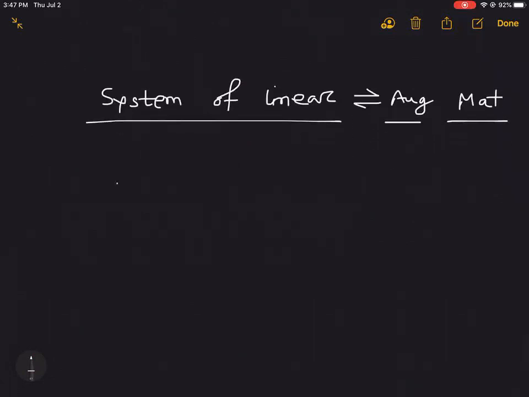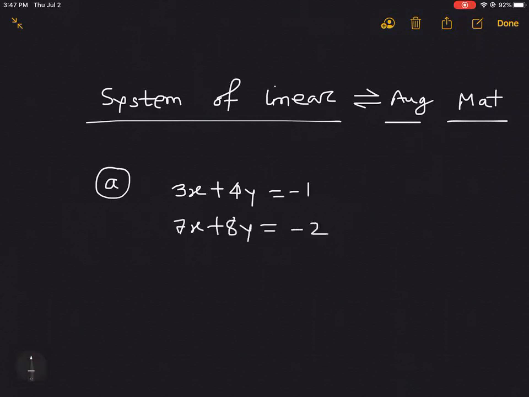So if you have a system of linear equation like this, 7x plus 8y equals -2. So that's a system of linear equation, right? You have two variables, x and y's, and you can solve it for x and y from these two equations.